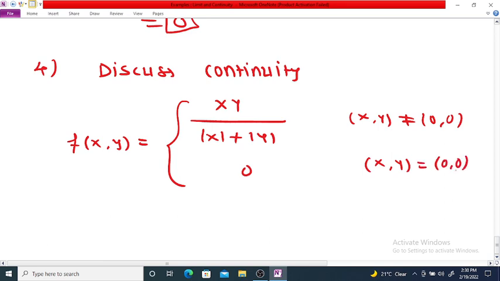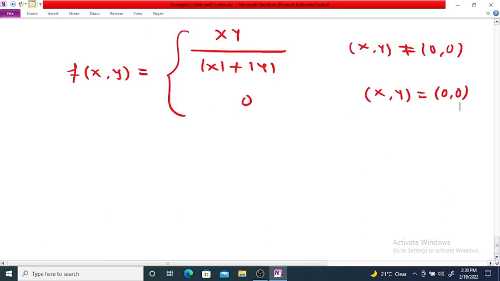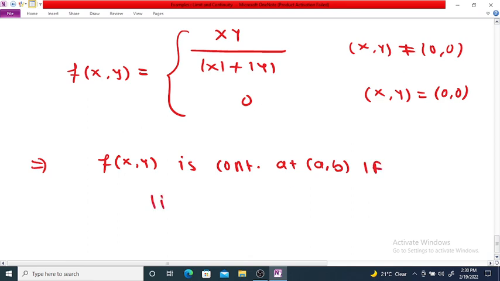So here, first, we can say that the function f of (x, y) is continuous at (a, b) if the limit as (x, y) tends to (a, b) of f of (x, y) is equal to f of (a, b).